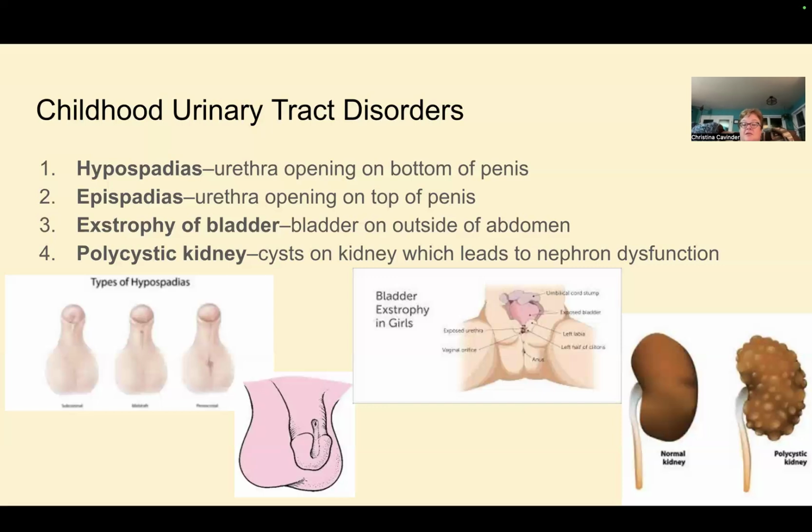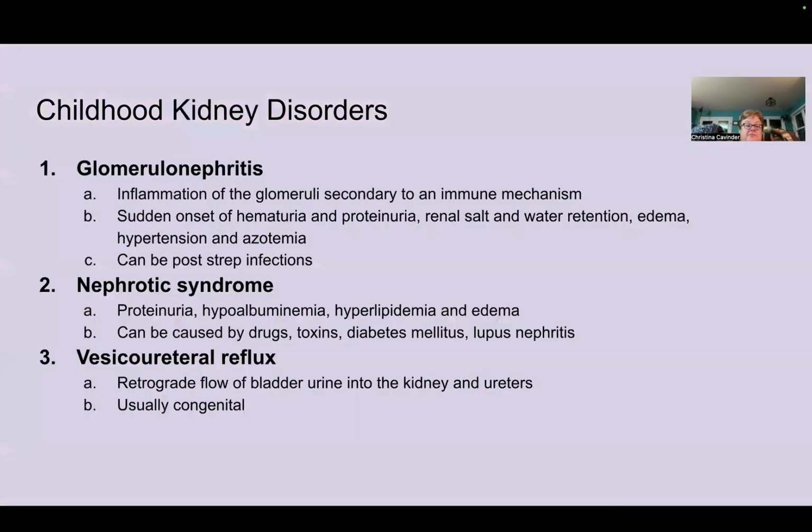Polycystic kidneys are cysts in the kidneys, and this leads to nephrotic dysfunction, and basically those are non-functioning kidneys. The other things, glomerulonephritis and nephrotic syndrome, we've already talked about those. It's basically the same as for an adult.